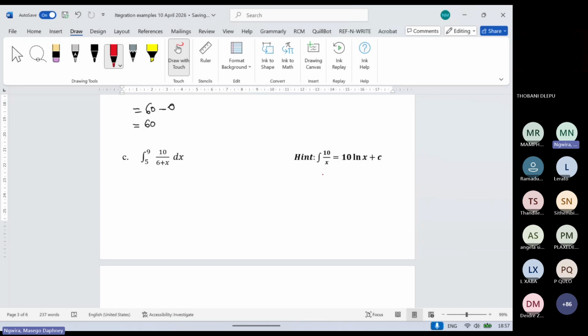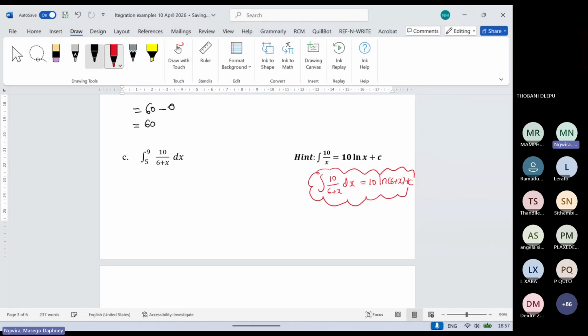So I will have the integral of 10 over 6 plus x dx is equal to 10 ln bracket 6 plus x, then plus c. I'm applying what I wrote here at the top.